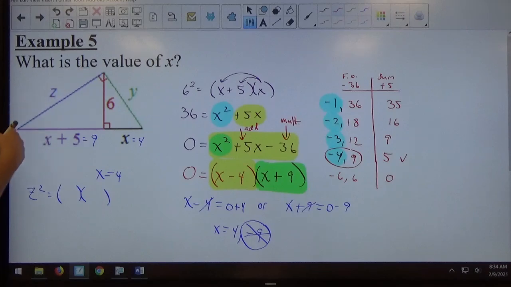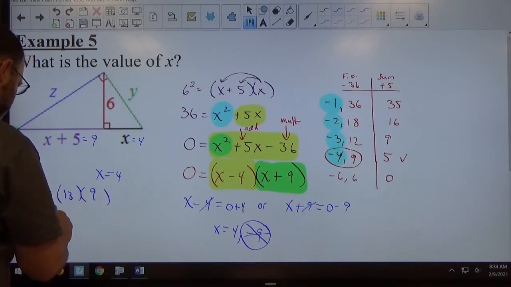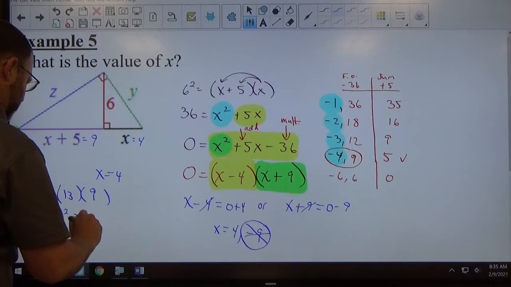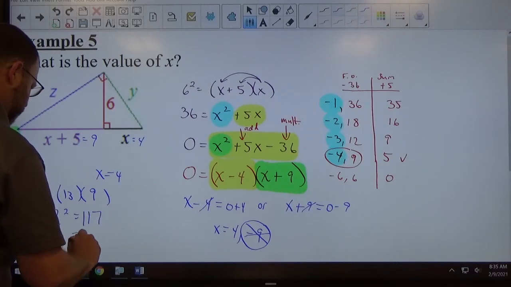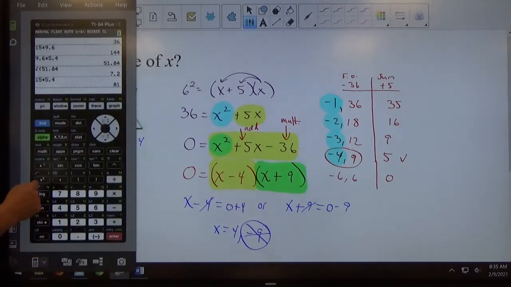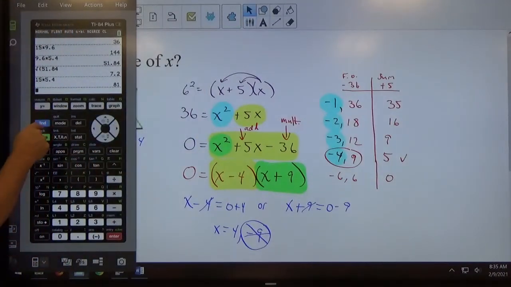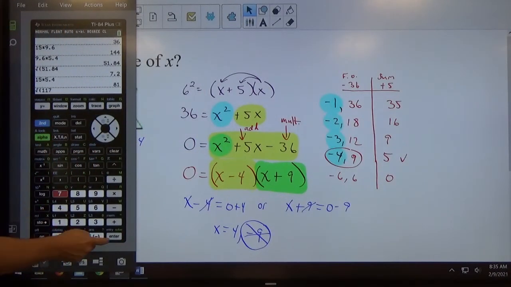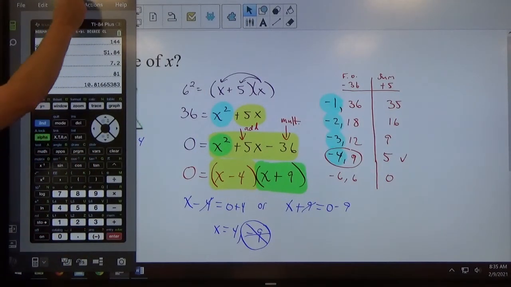Z squared equals the entire length, which would be 13, times the piece closest, which is 9. So z squared should equal 117. So z would equal the square root of 117, which my calculator says is about 10.82.